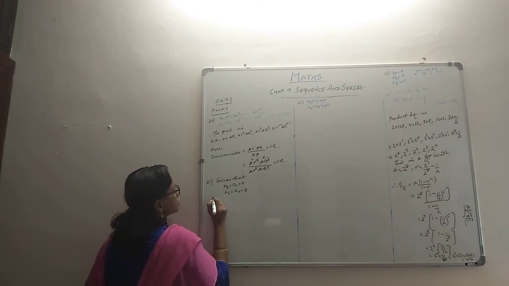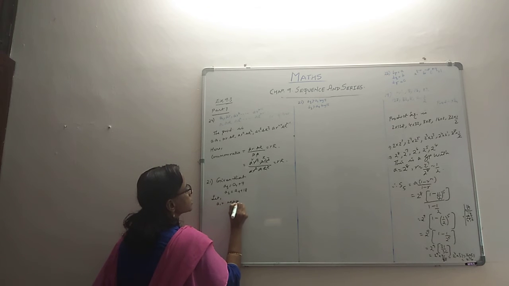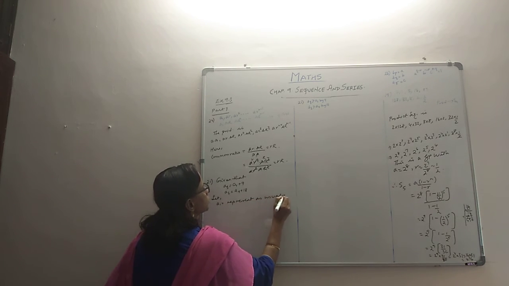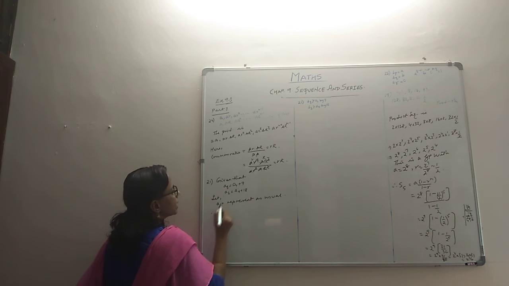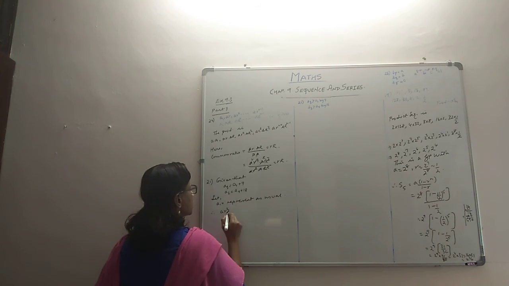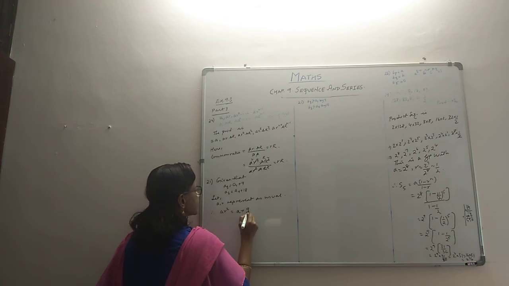Okay, so let a comma r represent the first term and common ratio as usual. So we have A3 as ar squared, we know ar raised to n minus 1. This is a, this is 9.